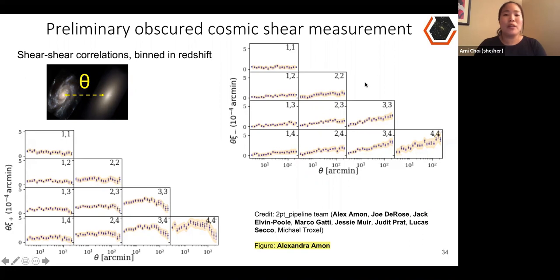And for the top plot, it's the same, but for psi minus. And for visual comparison, the Y1 error bars are shown as this shaded region. The total signal to noise is increasing by almost a factor of 2, going from Y1 to Y3. But that's not taking into account cutting any scales, which we may do for the final cosmology analysis.